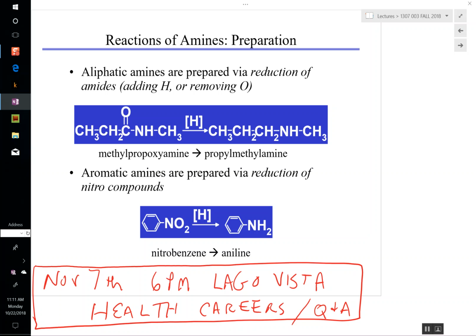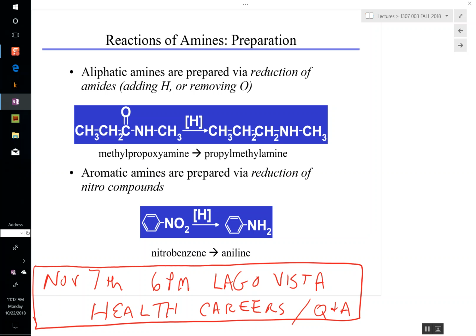And so what you're actually doing, you're adding hydrogen to that oxygen, and I think it strips it off as water, and you put a hydrogen in here, you put a hydrogen here, and you end up with an amine. So this is an amide with a methyl group on the nitrogen. You end up with a secondary amine.